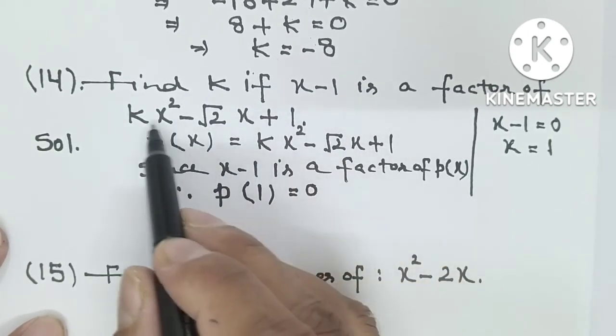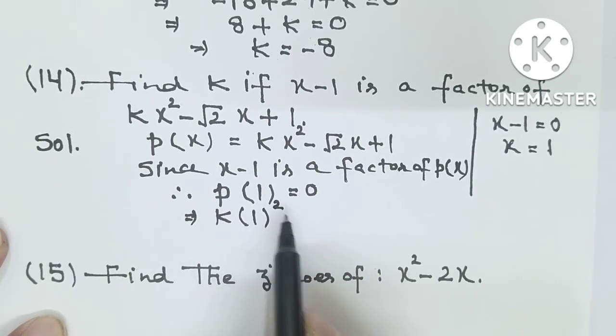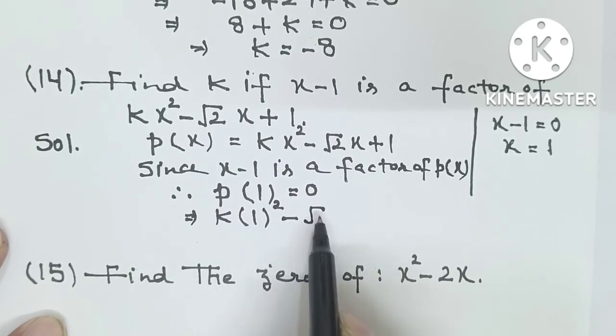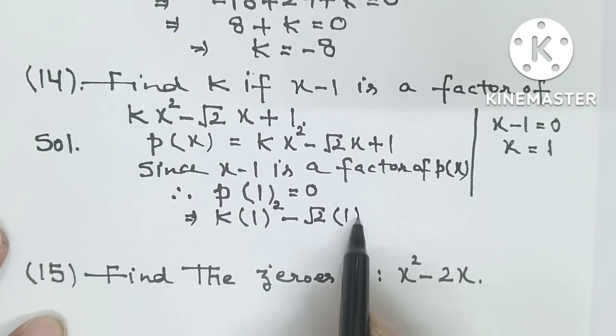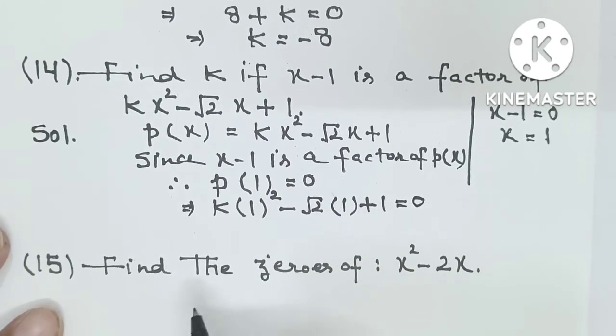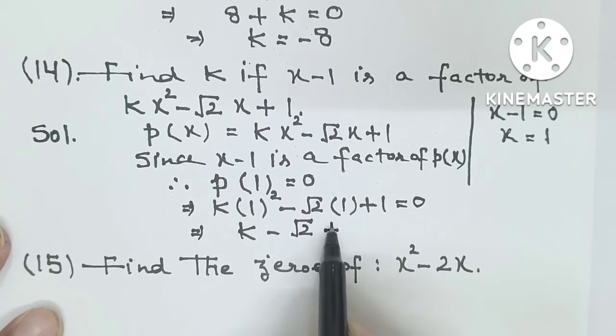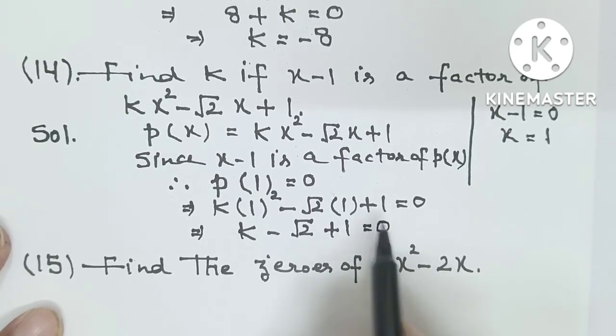Now you substitute 1 here. K into 1 square minus under root 2 into 1 plus 1 is equal to 0. So this will become k minus under root 2 plus 1 is equal to 0.